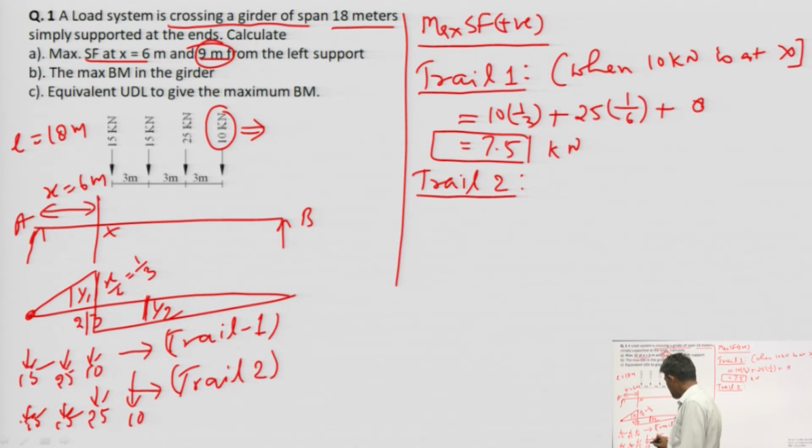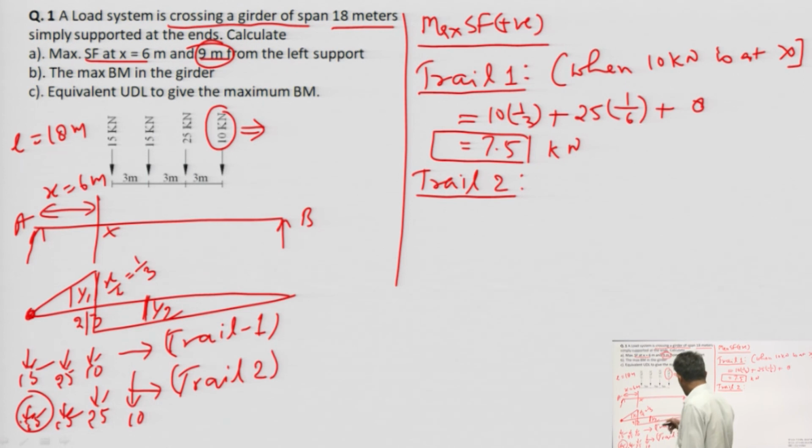That 10 kilonewton load will contribute a negative value, and the rest of the point loads, 25 and 15, will contribute positive. The last 15 kilonewton load will not contribute anything, because it is at point A itself. So, the two loads 25 and 15 have positive values and this one negative.